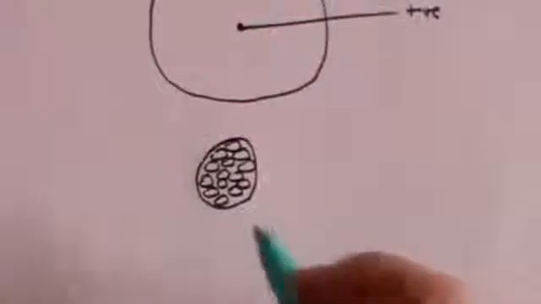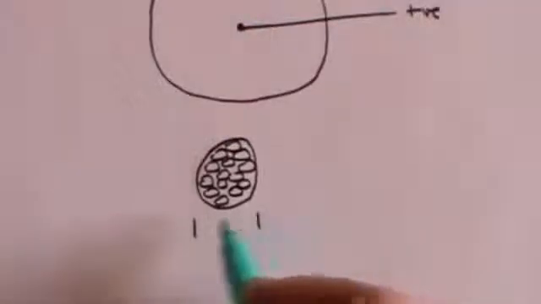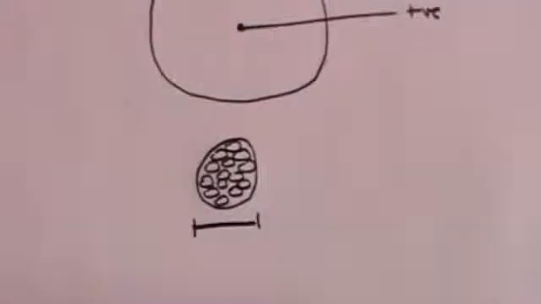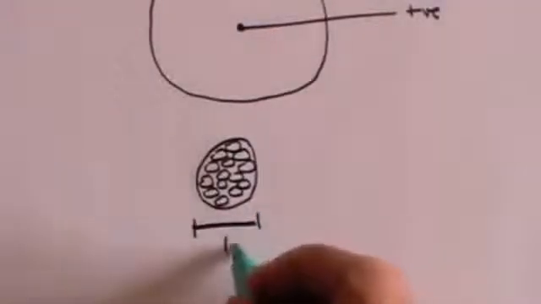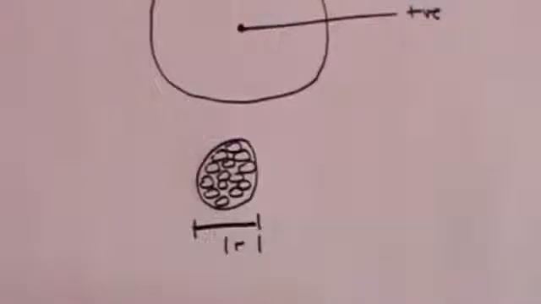And the question for this video is, what is the size of that nucleus? More accurately, we want to know the radius of that nucleus. Well, let's come back to the famous Rutherford experiment, which was performed in the very early 1900s.